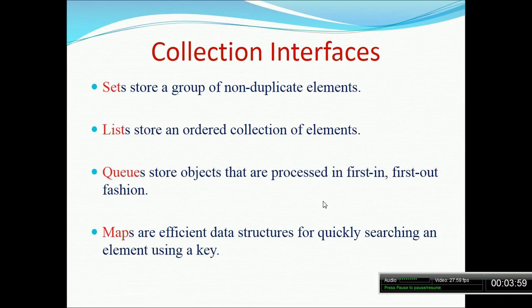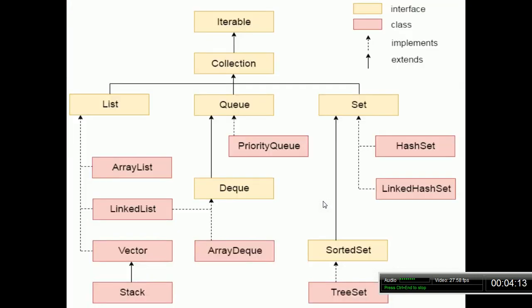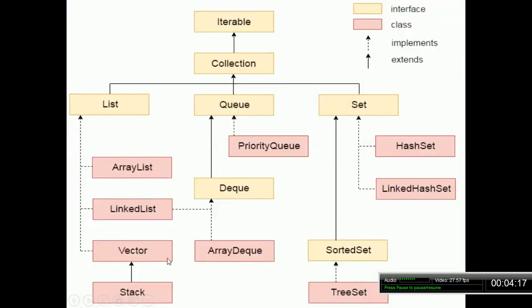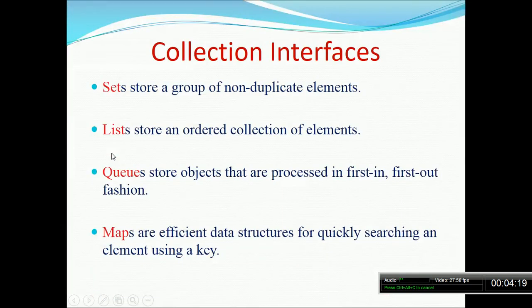Now come to the collection interface. Sets store a group of non-duplicate elements. Lists store an ordered collection of elements. Within the set, what we have to study is tree set. Within the list, we have to study the array list. Queues store objects that are processed in first in, first out fashion.